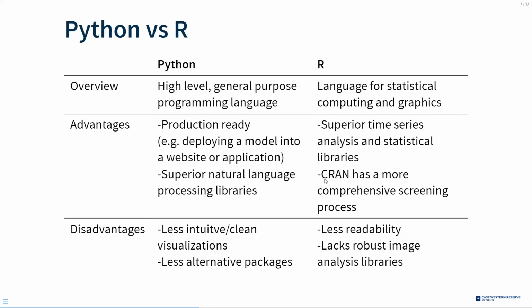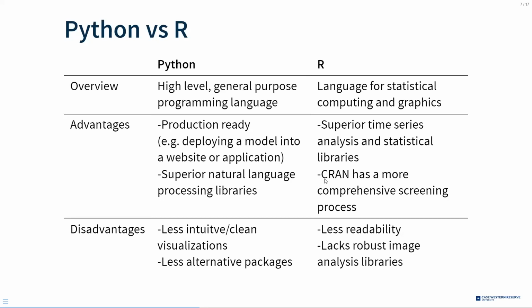So in this slide here, we're just giving a general overview of the difference between Python versus R. So Python is a high-level general purpose programming language. You'll see it used in a lot of different places for a lot of different tasks. So developing websites, developing applications, doing data science, etc. Whereas R is built primarily for statistical computing and graphics.